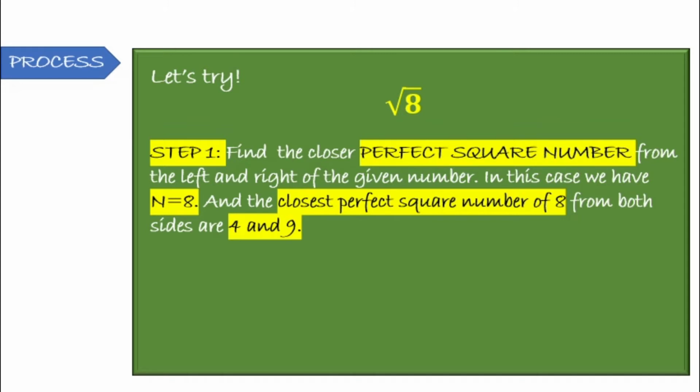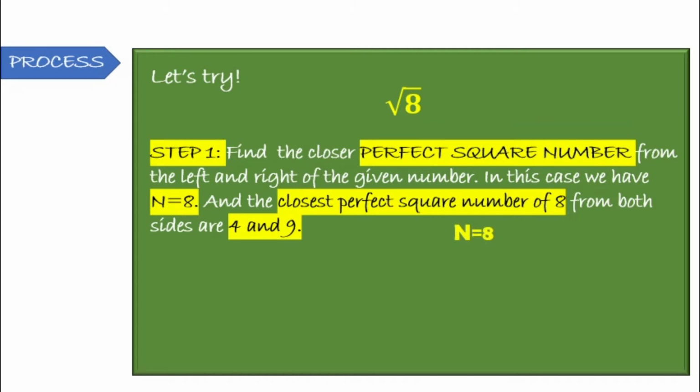Going back to the formula, a is the closest perfect square number to n. Our n here is 8. The closest perfect square numbers to 8 from both sides are 4 and 9.